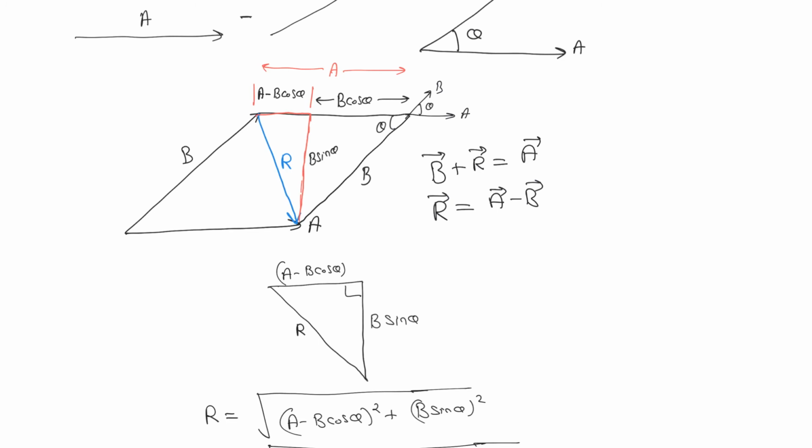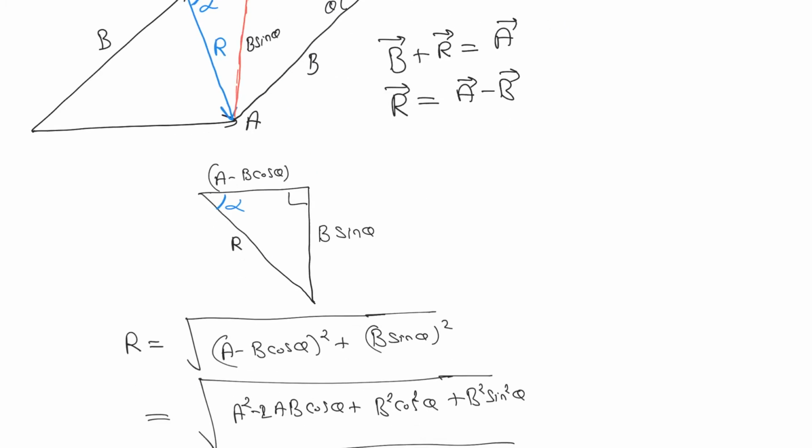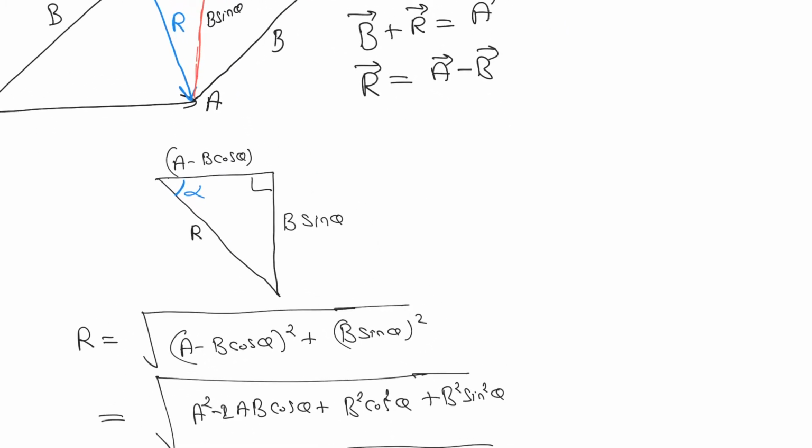Now we can find out the direction, that means the angle made by the resultant vector with respect to this a vector. Let's say this angle is equal to alpha. According to this triangle we can represent it over here. If you'd like to find the angle between this resultant vector and a vector, from this right angle triangle we can write tan alpha is equal to the opposite side, b sin theta, divided by the adjacent side, a minus b cos theta.